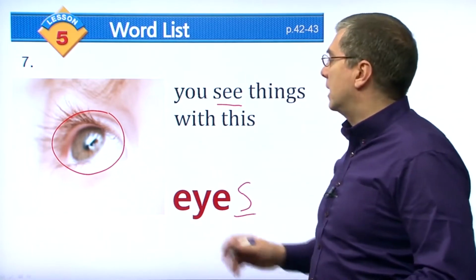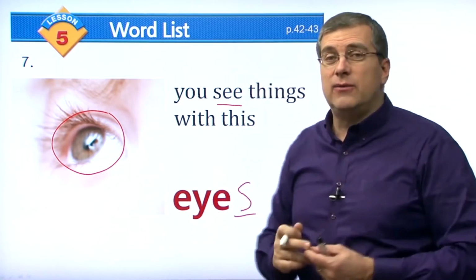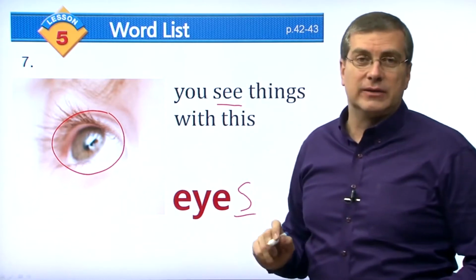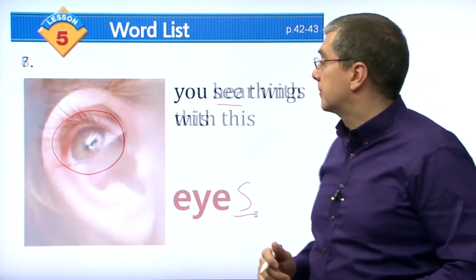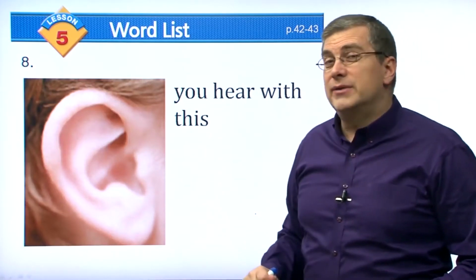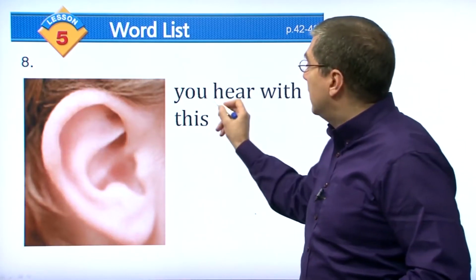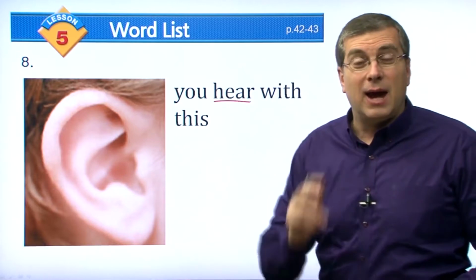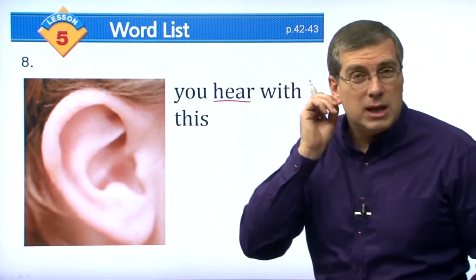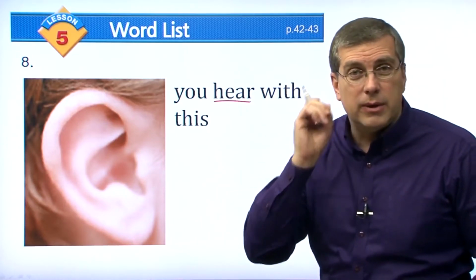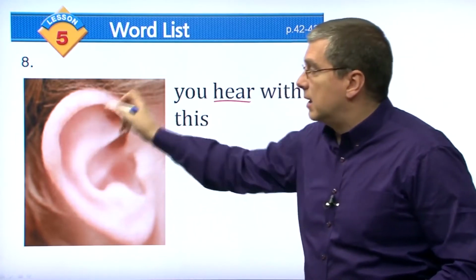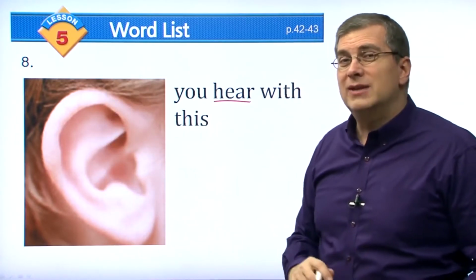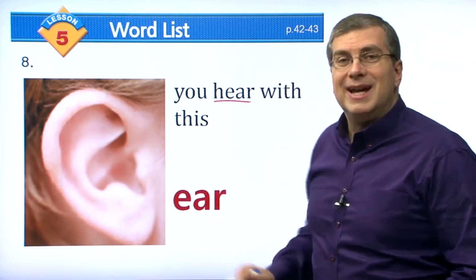Everybody has two eyes. And what do we use our eyes for? We see things. That's one of our five senses we talked about before. Another one of the five senses we talked about before is to hear. And do you remember what I said we use to hear with? Of course, we have two, but we're talking about just one here. What is this? Do you remember? It's called an ear.